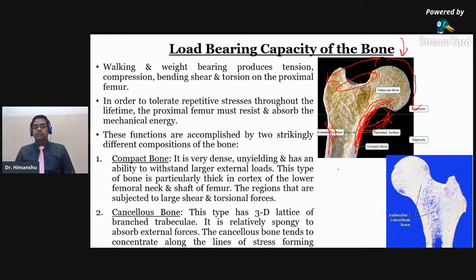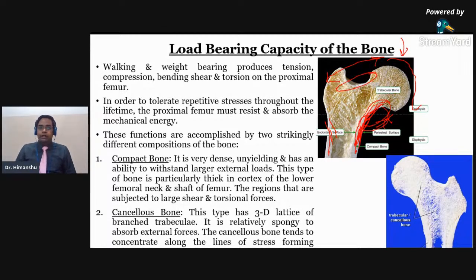Okay, they lie in the regions of the femoral neck and shaft of the femur. They are those areas which are subjected to larger shear forces and larger torsional forces also. All right. Again, at the center lies the cancellous bone, which is a soft, spongy sort of bone. Now, this type of bony tissue helps in more absorption of the forces.